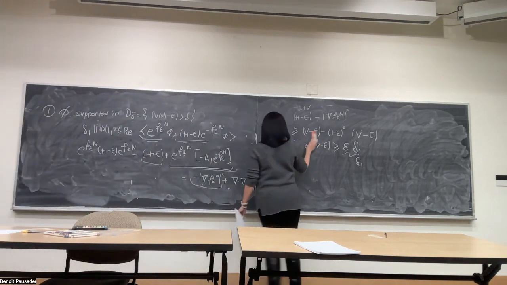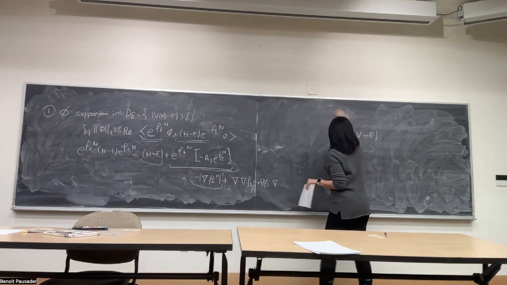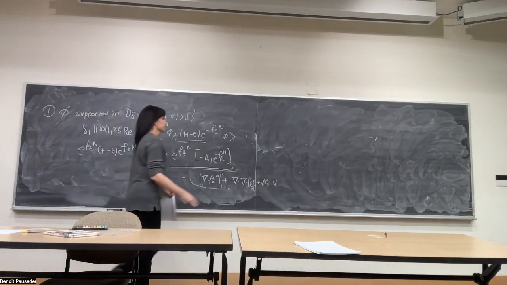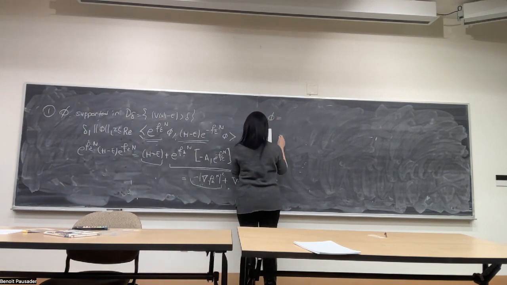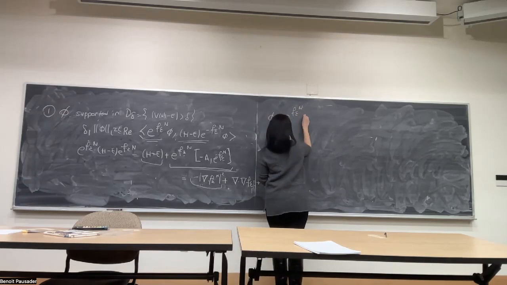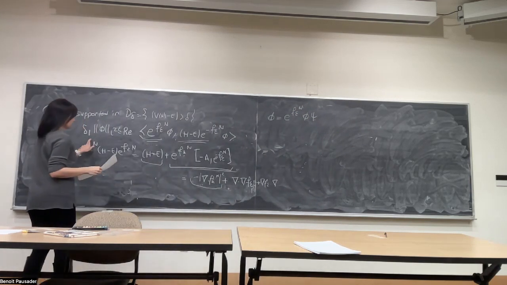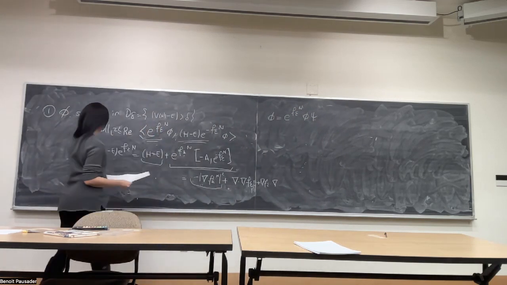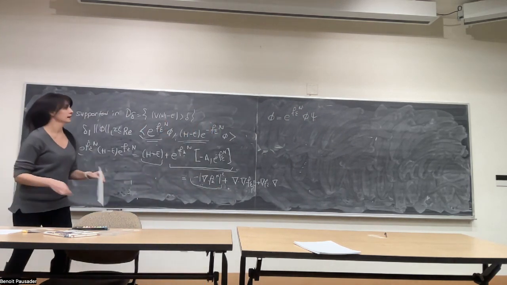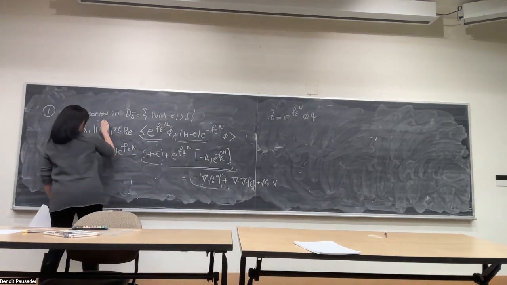Okay, so the second step will be the integration by parts step, and in particular, we are going to pick what this phi is going to be. So we will pick phi as e to the epsilon n times phi tilde. Let me put this tilde here.